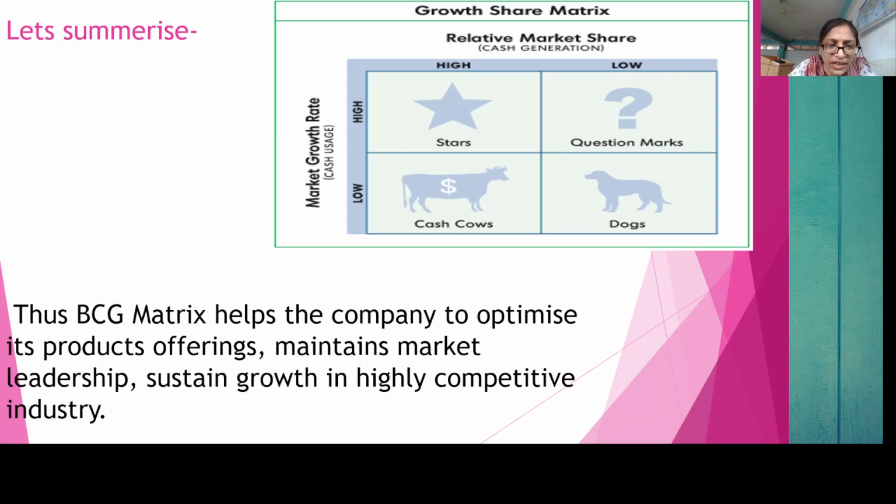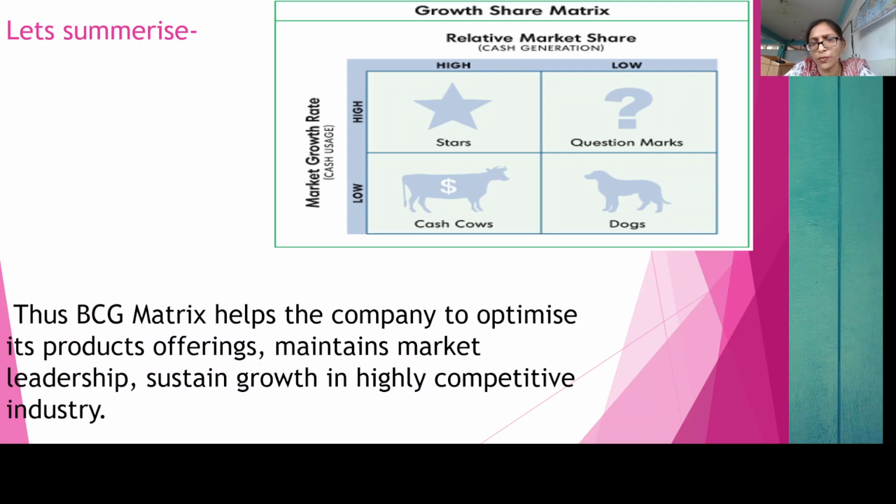One thing I forgot to mention is that on the y-axis, going from low to high, there is also cash use. A cash cow needs less investment compared to a star, which needs more cash in terms of investment so that it can retain its market position and favorable condition.